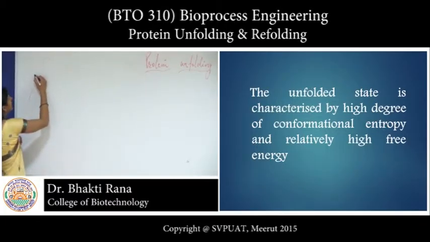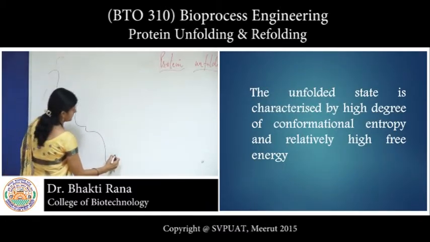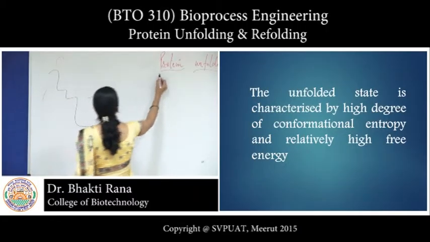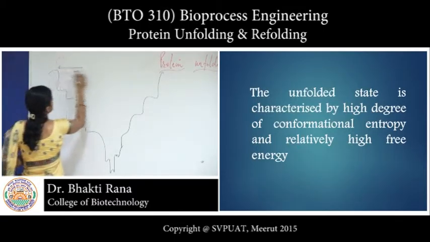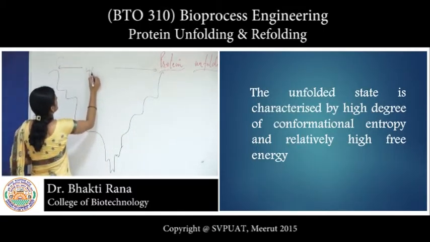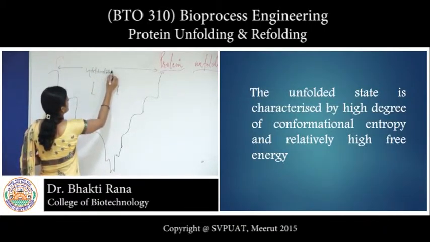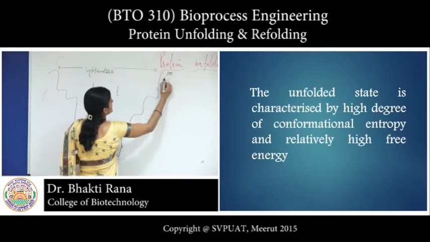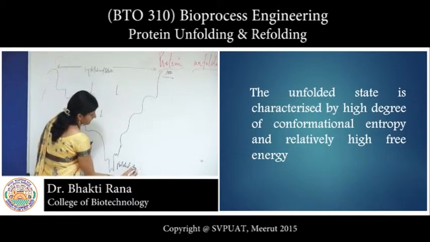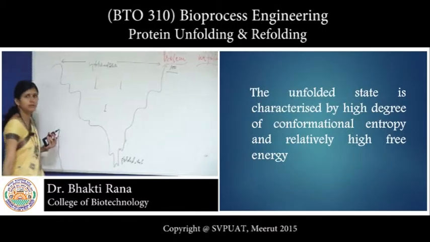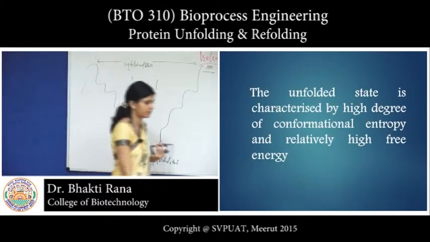We can also see unfolding like this. This is the unfolded state, and entropy is highest at this point, and this is the folded state. Somewhere it is collapsing, and we already know that it is known as the molten globule, which has a high content of secondary structure.